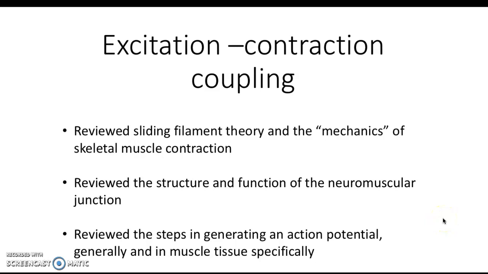We talked about sodium and potassium ions, and we talked about sodium and potassium voltage-gated channels that produce the depolarization and the repolarization. And then we went on and we talked more specifically about the steps that are involved in generating an electrical signal at muscle tissue specifically. And that's where we introduced the idea of acetylcholine binding to receptors and opening a sodium channel there.